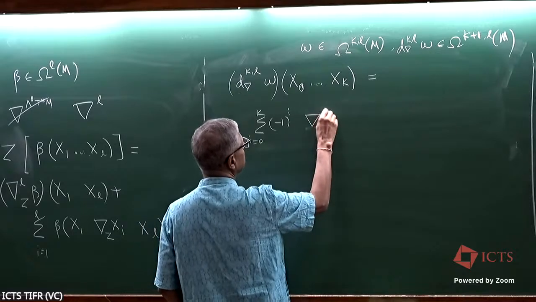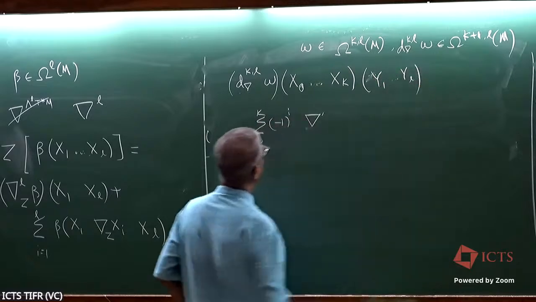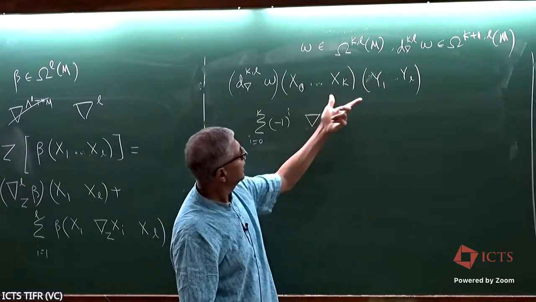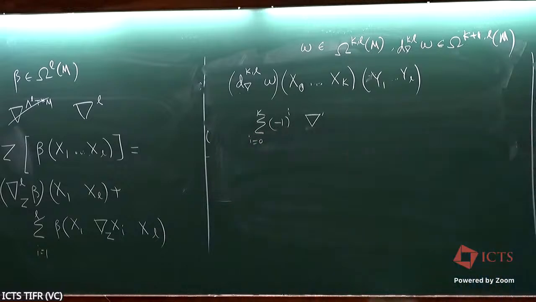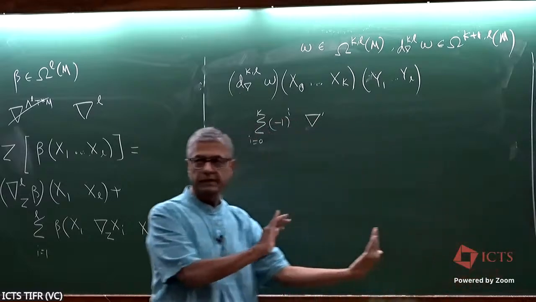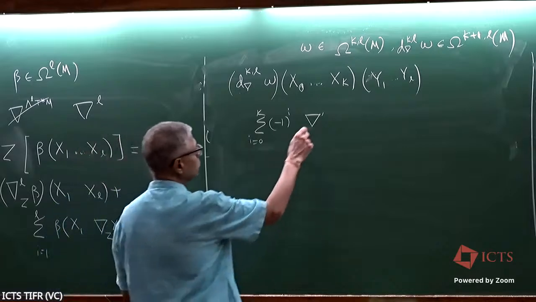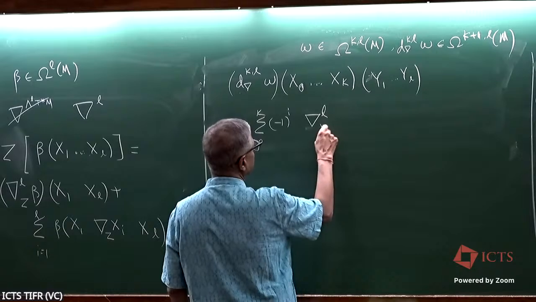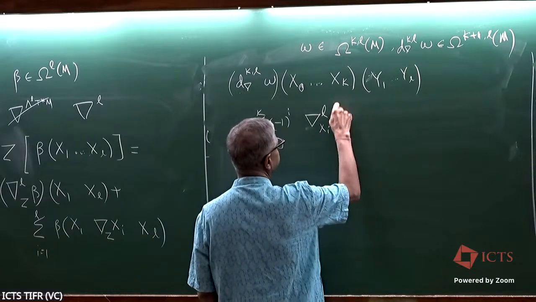This also needs L vector fields because that's a K plus 1 L form, so I have to give it K plus 1 and L things. For forms, we always write arguments. For these double forms, we write the set of arguments separately, so the K part gets K things and the L part gets L things. So this will be the covariant derivative that I just defined along xi, where xi is missing from this.